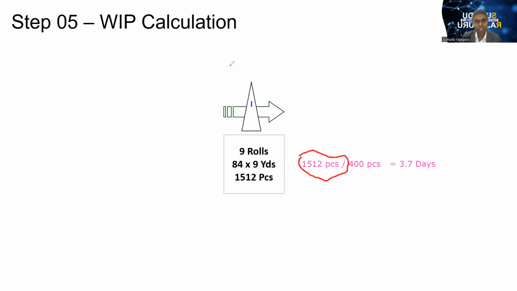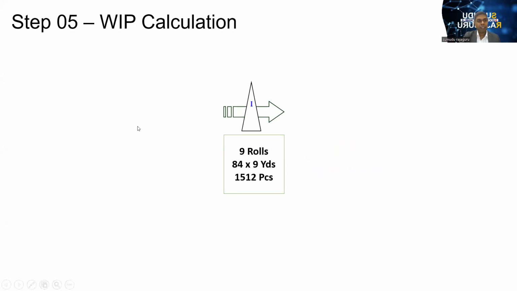Initially it is in roll form, so we convert the roll form into pieces, and then by dividing by the per day demand, we convert into days. Days means time, because when we draw the timeline, time is required. That is step number 5.